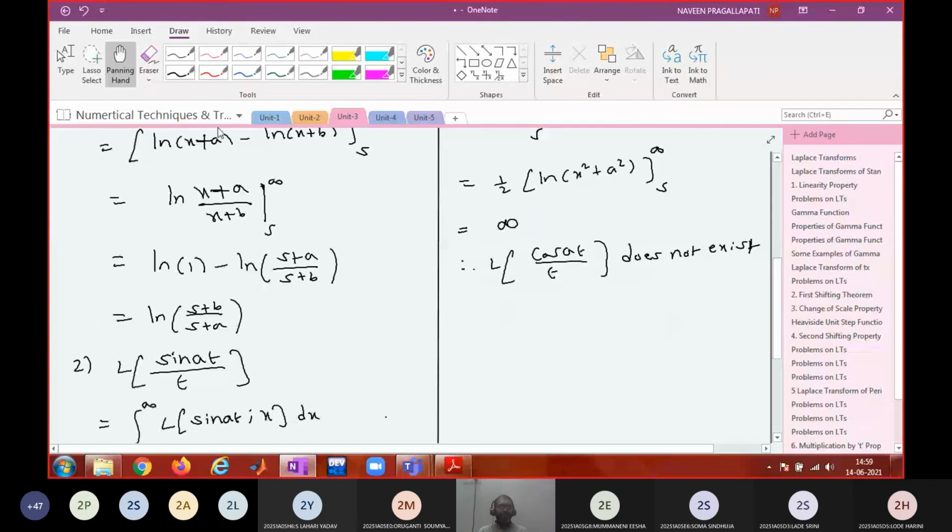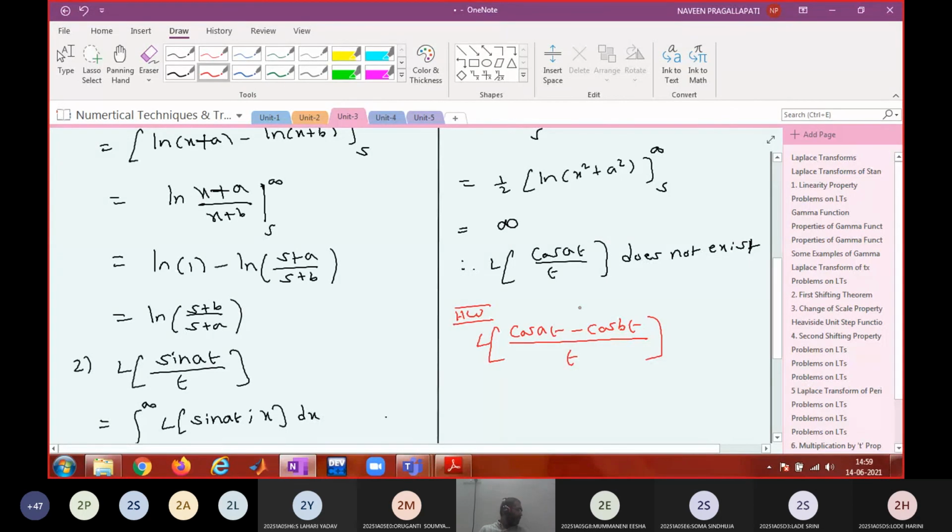So take one homework problem: Laplace of (cos at minus cos bt) by t. Just tell me what is the transform of this. Will it exist or not exist?